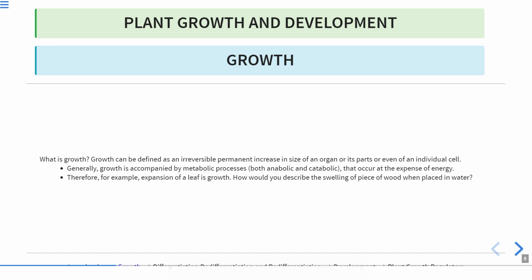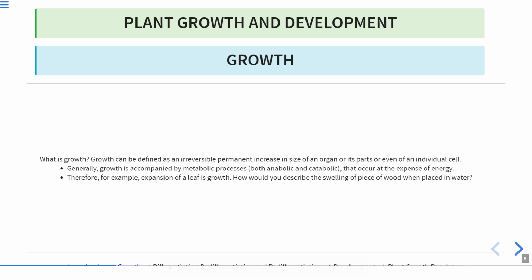For example, expansion of a leaf is growth. Initially the leaf is very small when it is emerging, but slowly its size increases, and the area of the leaf increases. You can even measure this when the leaf is newly coming out.